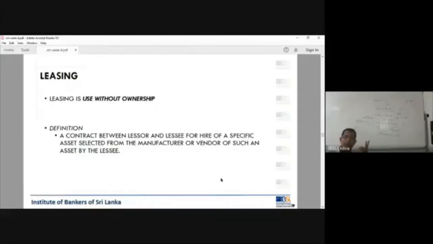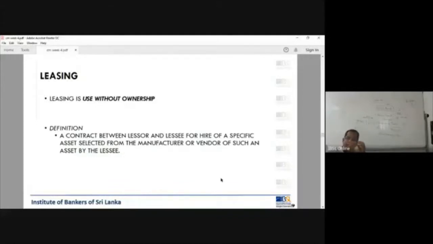There are two types of leases: financial leases and operational leases. A financial lease is defined as a contract between lessor and lessee, where the lessor is the bank and the lessee is the customer, for hire of a specific asset selected from the manufacturer or vendor by the lessee.